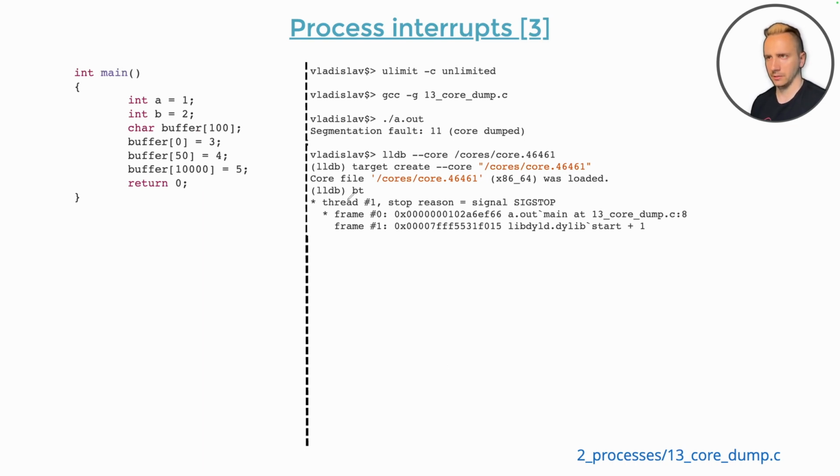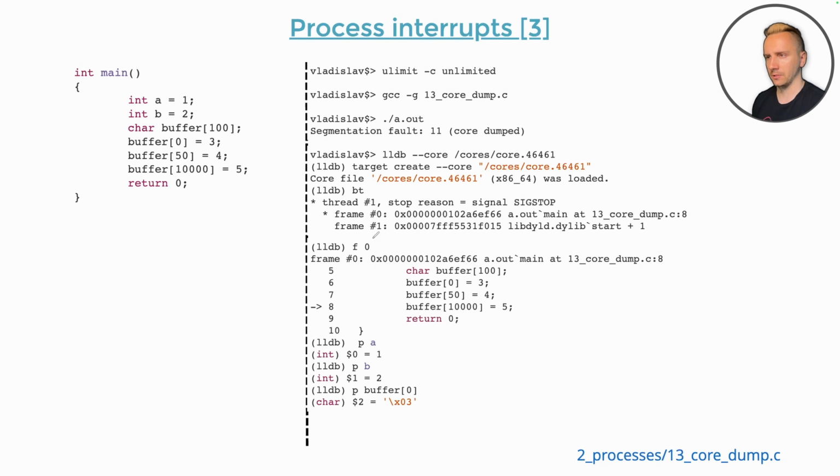You can see, for example, the backtrace, the call stack when the process was terminated. You can also go to different frames of that stack, like frame 0 or frame 1, and inspect local variables and arguments of the functions, and this usually helps you debug how the segmentation fault happened.